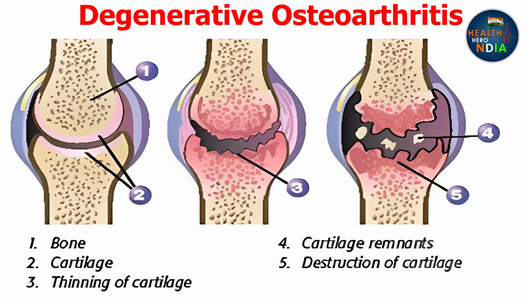Coming to degenerative osteoarthritis, as I told you before, microfractures in the cartilage degenerate, the reparative process starts, again it degenerates, again the reparative process starts. This goes on for a period and it stays to that joint only. Coming to rheumatoid arthritis, it affects all the small joints of the hand and the large joints of our body.